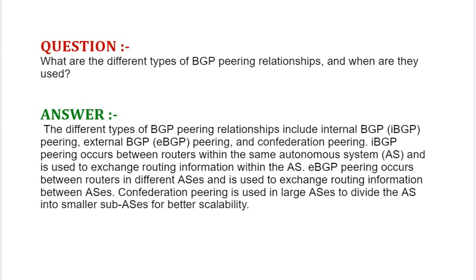Confederation peering is used in large ASs to divide the AS into smaller sub-ASs for better scalability.